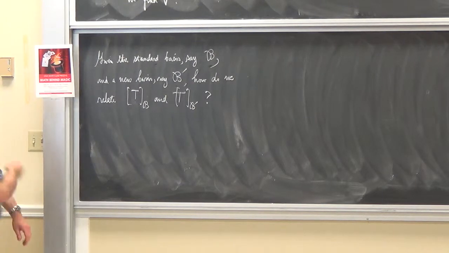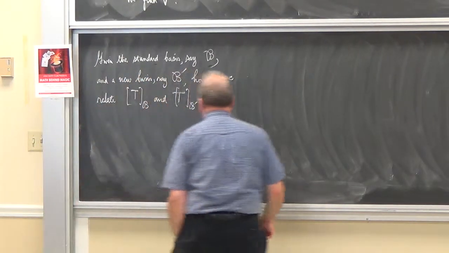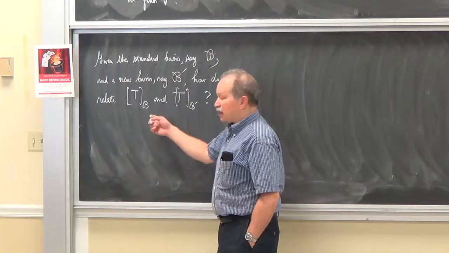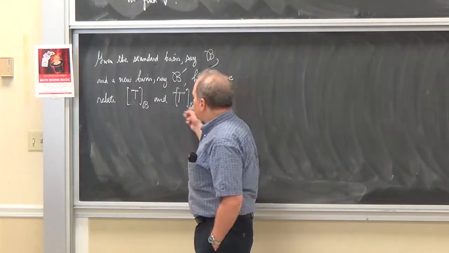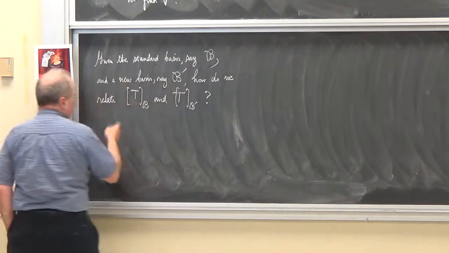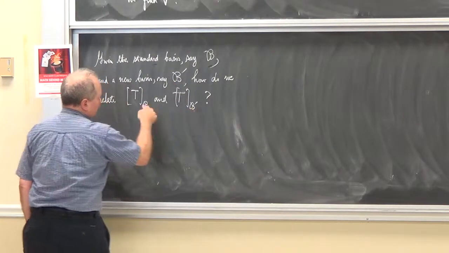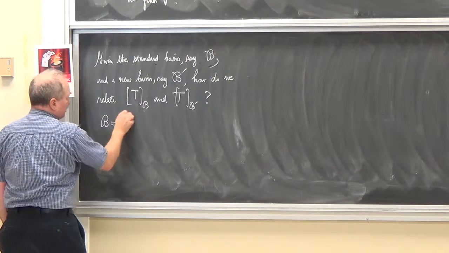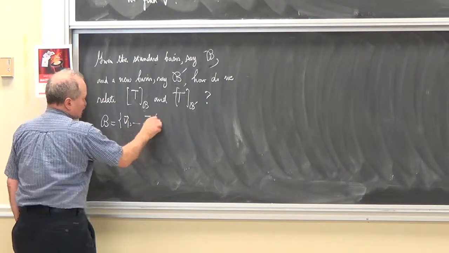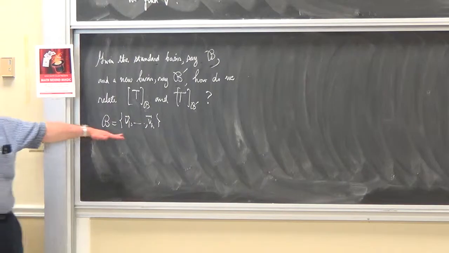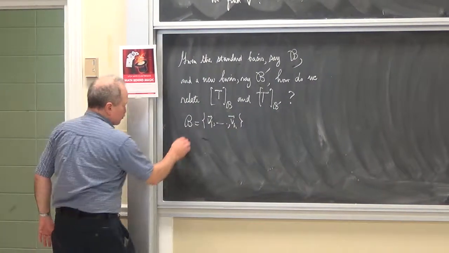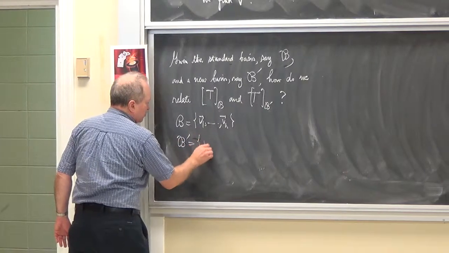So exactly the question that Ken just asked is, do I know the new basis? So I'm going to be consistent with the notation here. I'm going to say that script B is given by V's, perhaps the standard basis, and script B prime is given by V with primes on them.